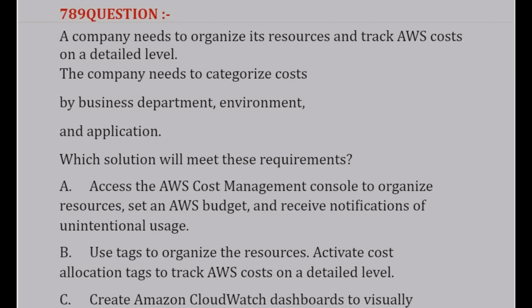Option A. Access the AWS Cost Management Console to organize resources, set an AWS budget, and receive notifications of unintentional uses. Option B. Use tags to organize the resources. Activate cost allocation tags to track AWS cost on a detailed level.